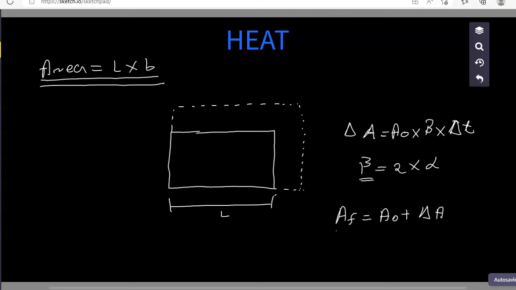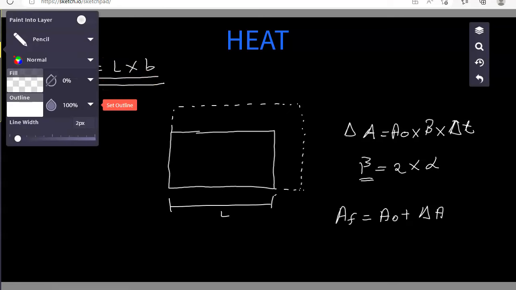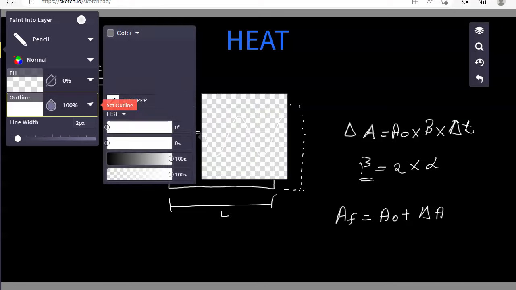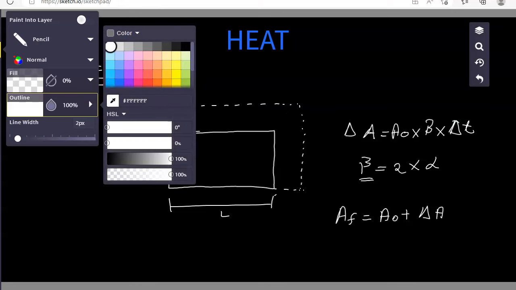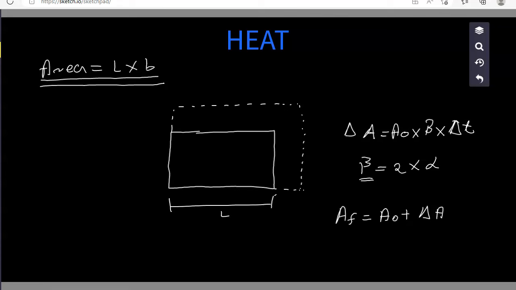So when we are having temperature decreasing, meaning it will come, let me change color, it will come here. In that case, we are going to have our final area being equals to the original area minus the change in area.